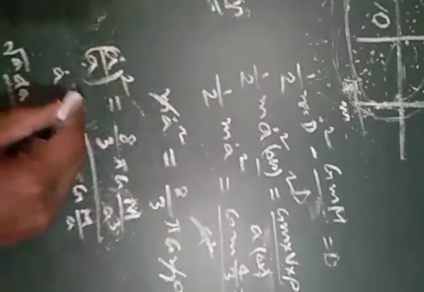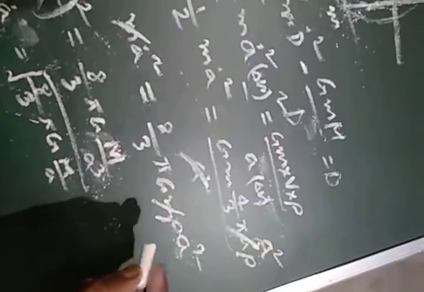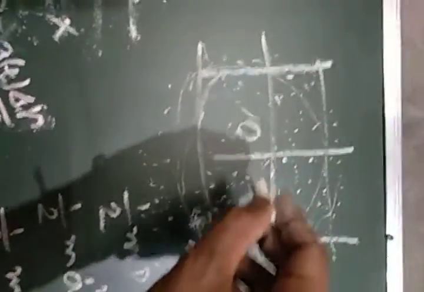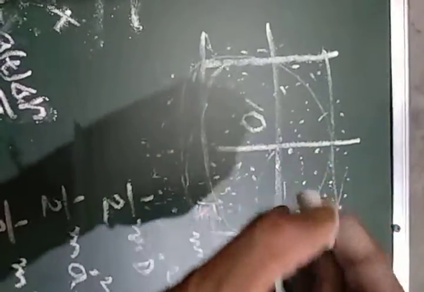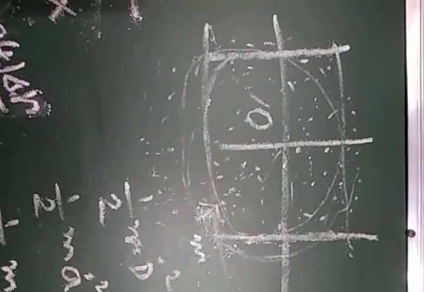A dot square by a square equals 8 by 3 pi G rho, but rho is not constant. Rho is the density, and if it expands, the density will be reduced. If it contracts, the density will be increased.